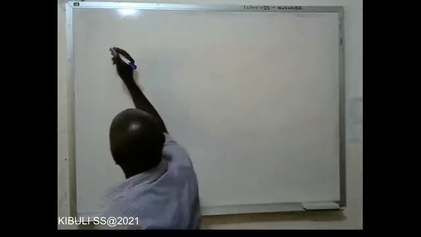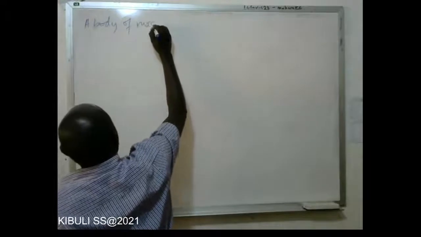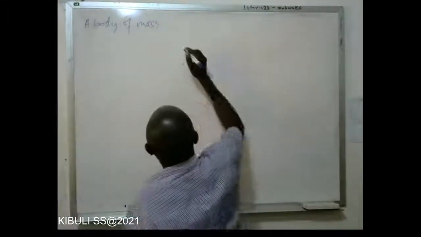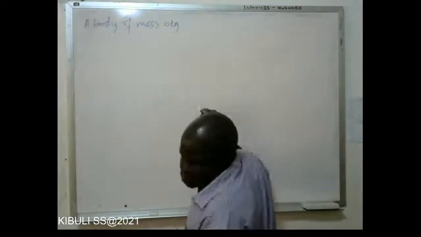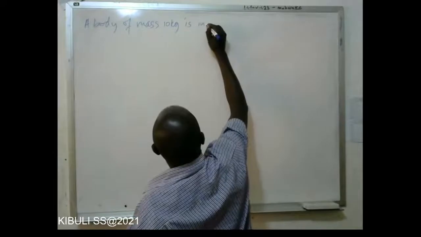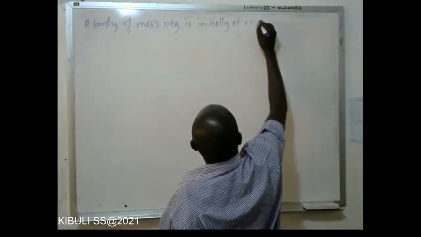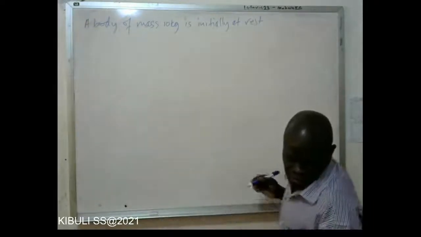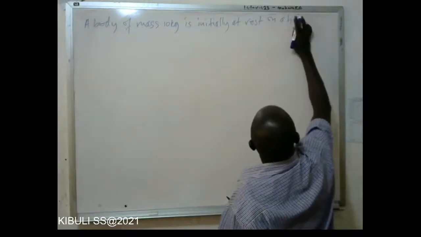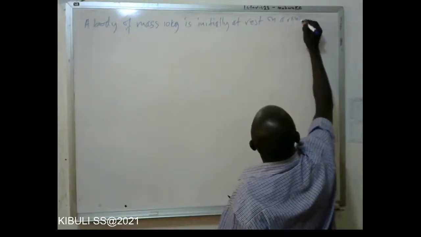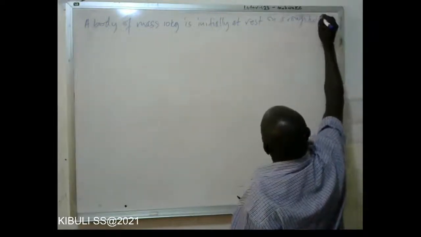It says that a body of mass 10 kilograms is initially at rest on a rough horizontal surface.